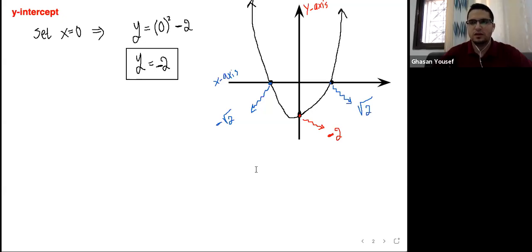You graph any equation by using the table: you take some random points for x, plug them into the equation, get the y values, then set these ordered pairs in the Cartesian plane, and draw a line between the points until you get the graph of the equation, something like this.